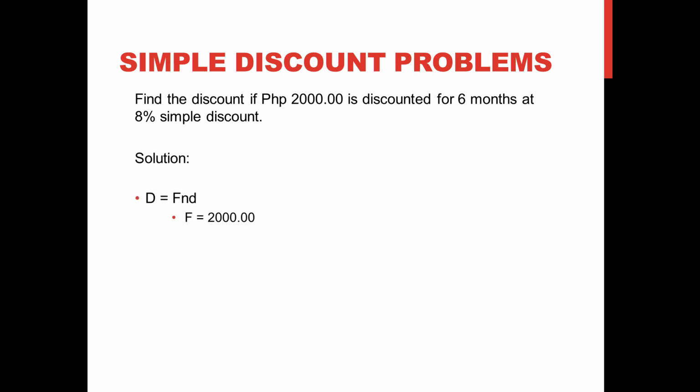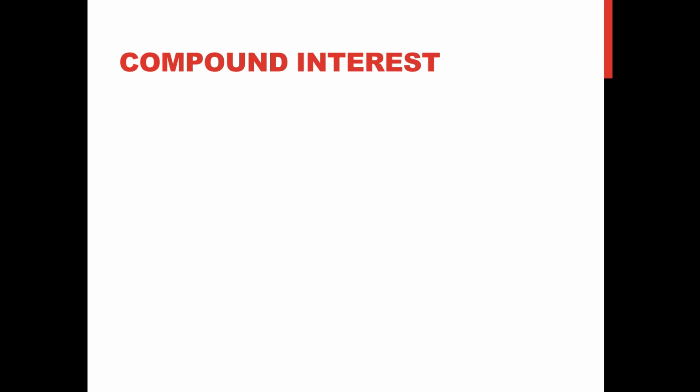Because, again, discount ang pinag-uusapan. And then we just have to proportion the number of days of 6 months all over 360. So, we'll be having 0.5. And the discount rate is 8%. With that, we can readily compute for the discount, 80 pesos. Okay?